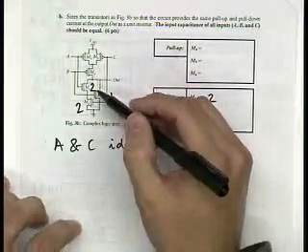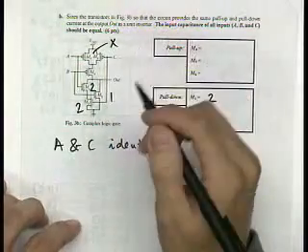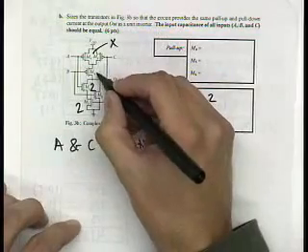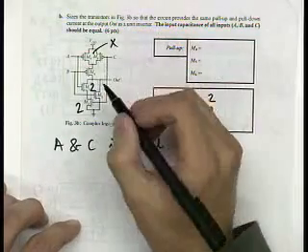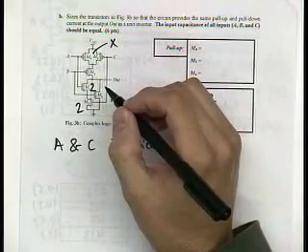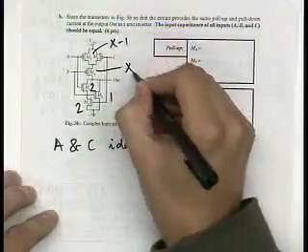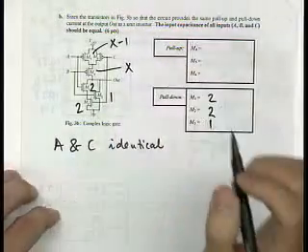If I label M5 and M6 as X, then this one has to be X plus 1. If M4 is X minus 1, this is X, then it's going to work.